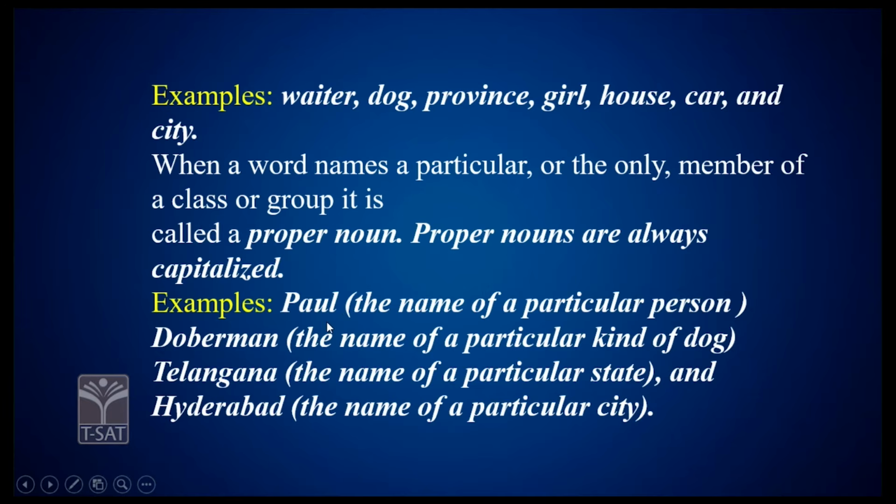Now you see examples given here: Paul, the name of a particular person; Doberman, the name of a particular kind of dog; Telangana, the name of a particular state; and Hyderabad, the name of a particular city. All these four words are capitalized, right? Generally, when you name a particular or the only one member of a class or group, it is called a proper noun.